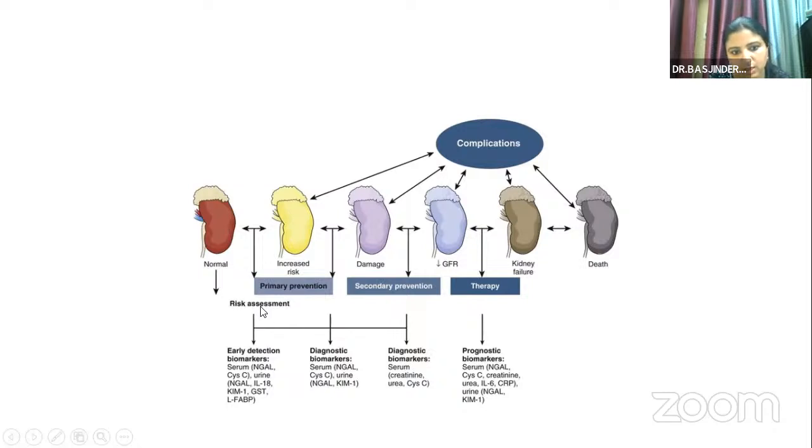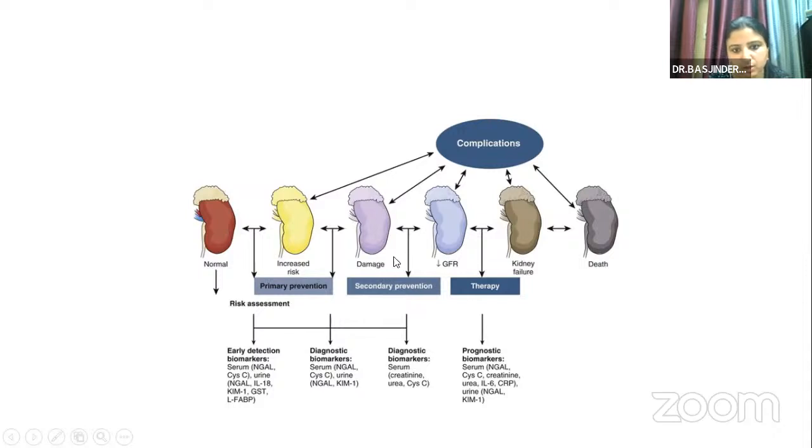You can assess that there is a risk to kidney injury by the biomarkers. You can diagnose that there is some injury happening, and with primary prevention like hydration and avoiding nephrotoxic drugs, treating the underlying cause, infection, you can intervene right here and halt this process from going further.